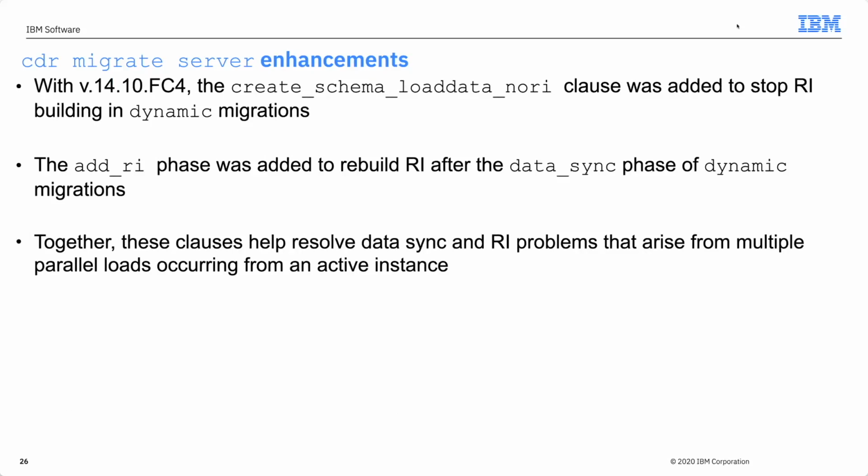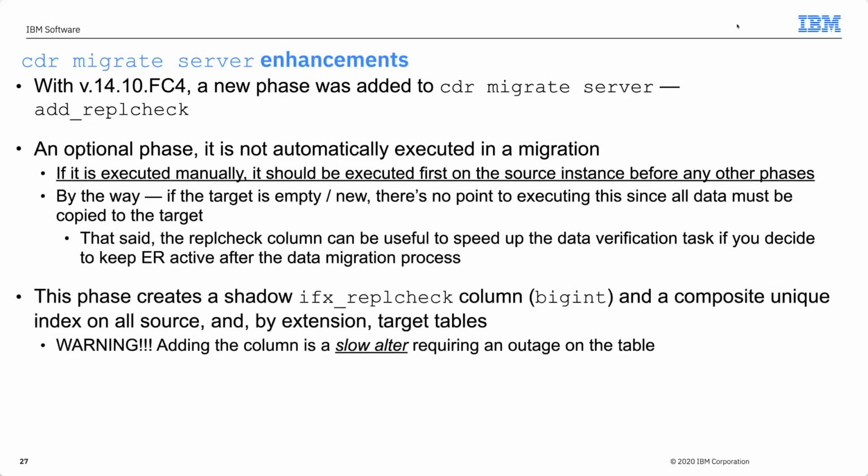There's also a new add RI phase that gets added after the data sync for dynamic migrations. And so together, these two clauses help prevent data sync and referential integrity problems when you're doing parallel loads in dynamic mode. We also added a new add REPL check phase, which is optional.